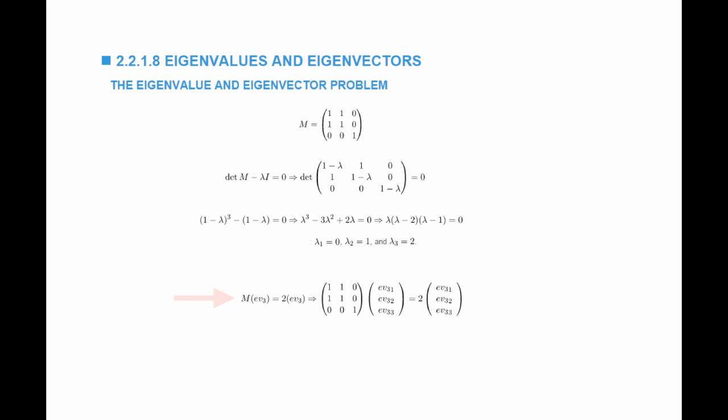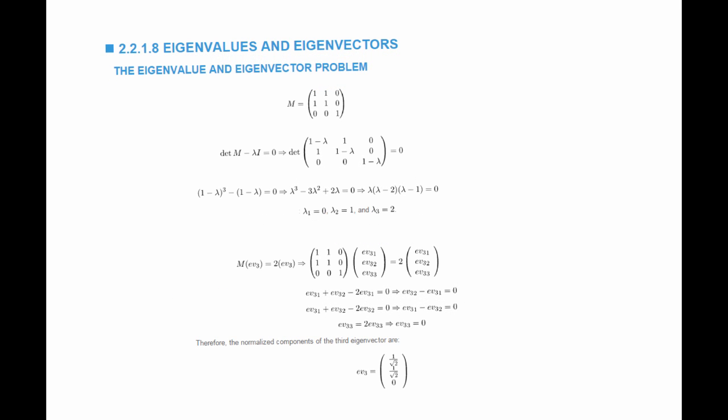In the first equation, I have 1 multiplied by the first component plus 1 multiplied by the second component equal to 2 multiplied by the first component. This tells me that the second component minus the first component is equal to 0. From the second equation, I get the first component minus the second component is equal to 0. And from the third equation, I get that the third component is equal to 0.